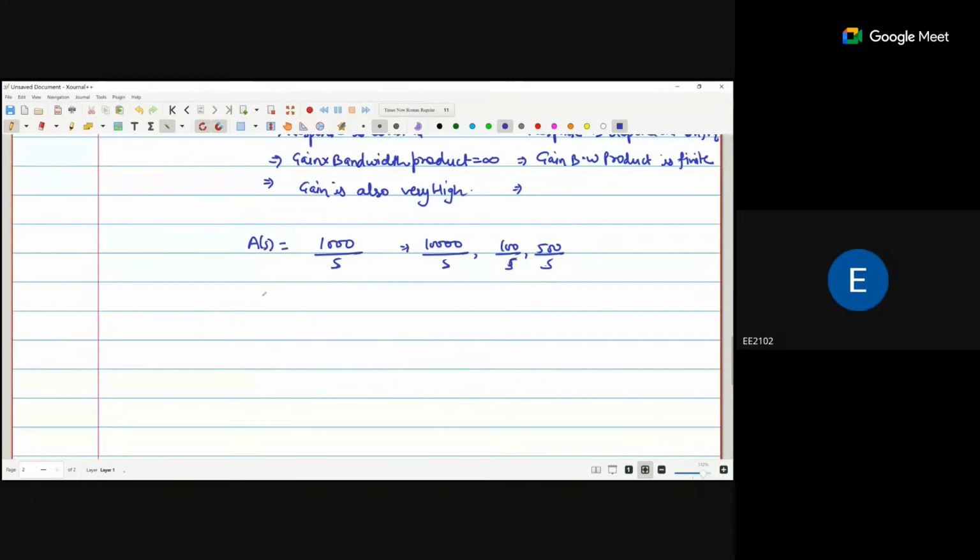So an s factor is there, and s is j omega. That means this gain is dependent on frequency. If we increase the frequency, automatically the gain will reduce.